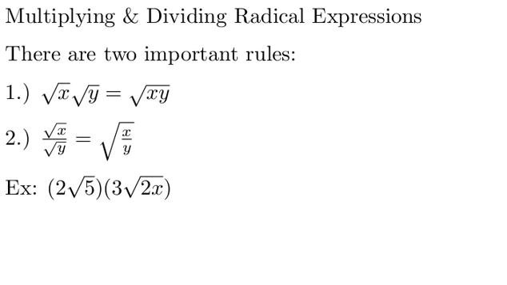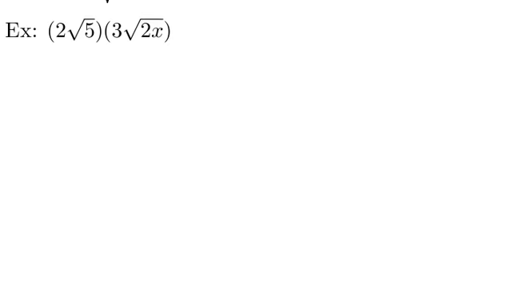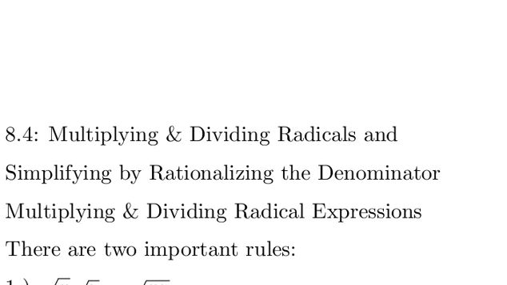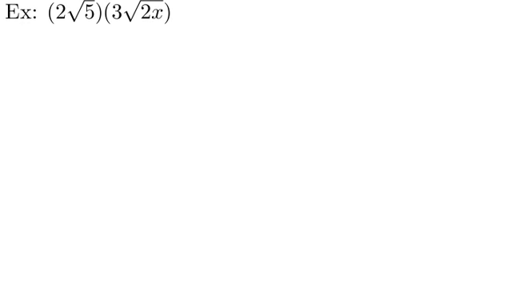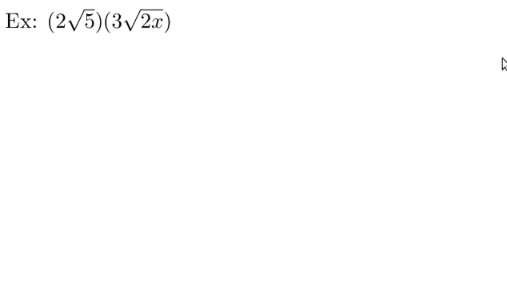Okay, so let's go ahead and rewrite this without the parentheses, because since we're multiplying this all together, we don't need these parentheses, since the only thing involved is multiplication.